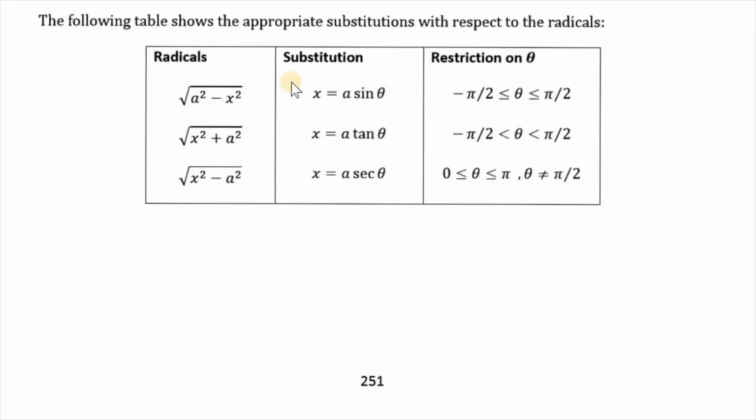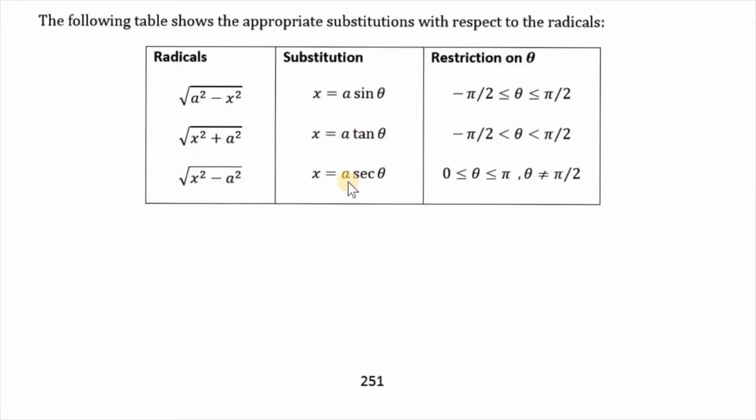Before that, this is in our workbook page 251. This is a guideline on using the substitution. Whenever we have the form a squared minus x squared, consider setting the variable x to be a sine theta. If you have the form a squared plus x squared, consider changing x into a tangent theta.